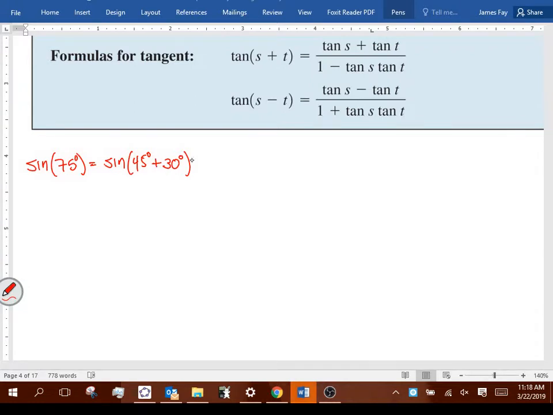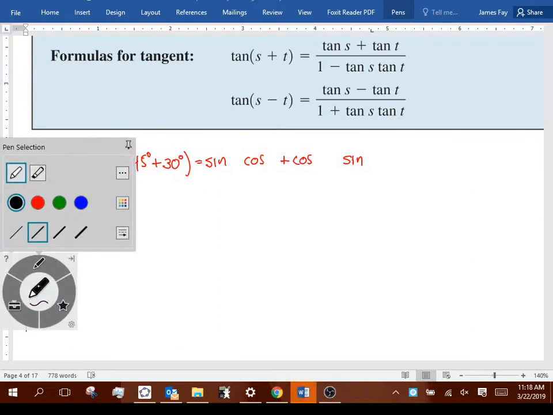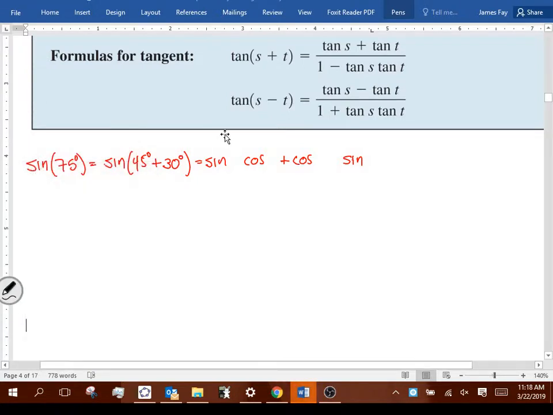So sine of a sum is sine, cosine, plus cosine, sine. Then I plug in the 45 and the 30 in the order that they showed up in my argument: 45, followed by 30, 45, followed by 30.